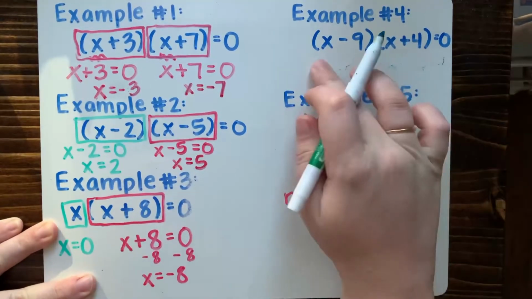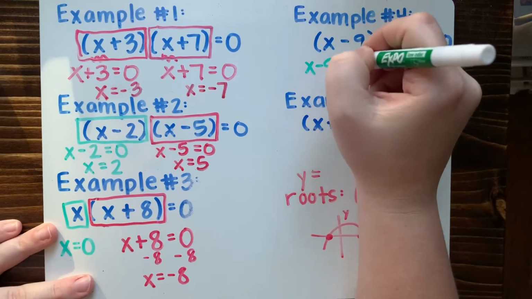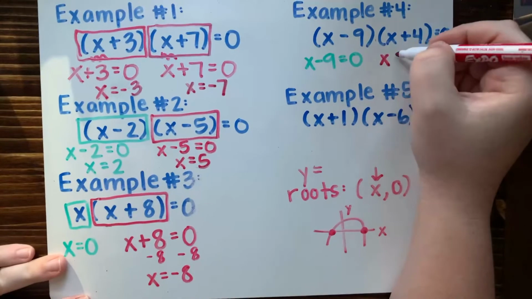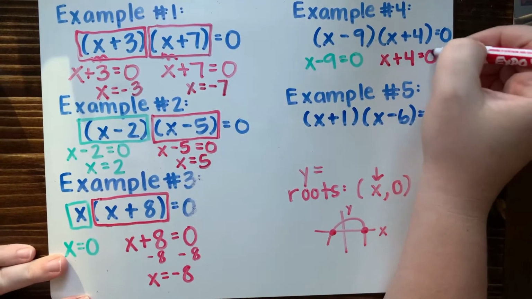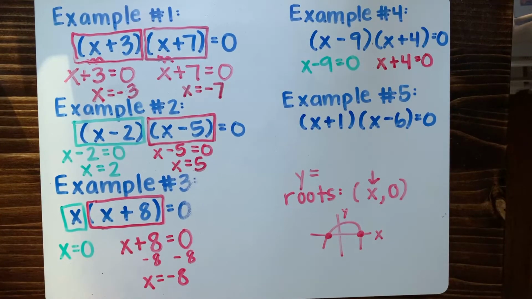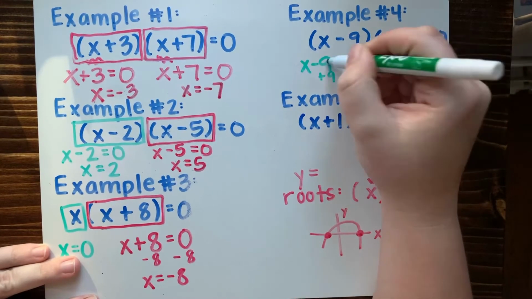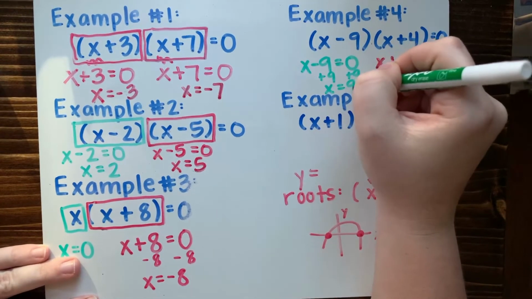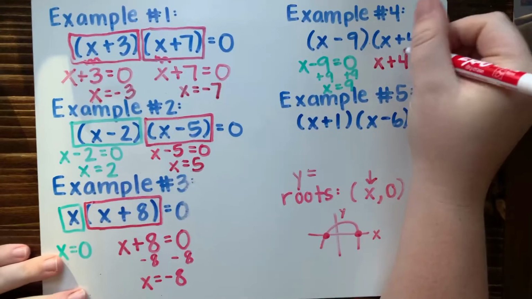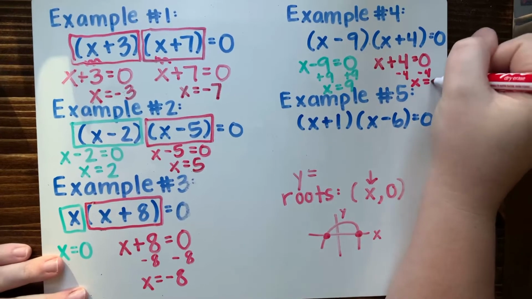But we can also still think about this piece being equal to 0, this piece being equal to 0, and then solving those two equations. If this helps you break it down and get the right answer, do that every time. So we would add 9 to both sides. Since we're subtracting, we'd end up with x equals 9. Over here, x plus 4 equals 0. We want to get this 4 to the other side. We'd subtract it, so we end up with x equals negative 4.